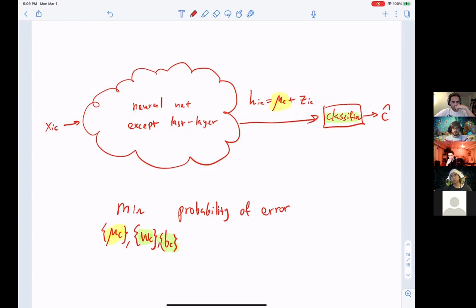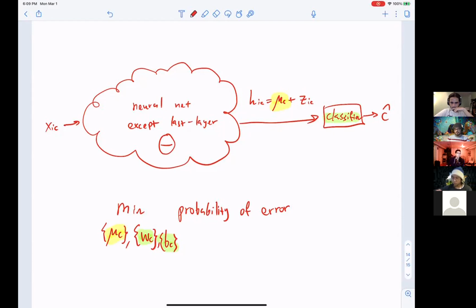Because you can optimize over class means, but in reality, there's a set of parameters theta that you optimize. You cannot actually optimize the class means, right? Right. Got it. And that's exactly what you're doing on the following slides.